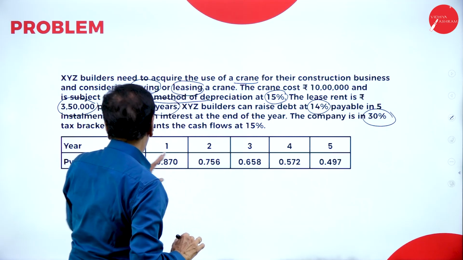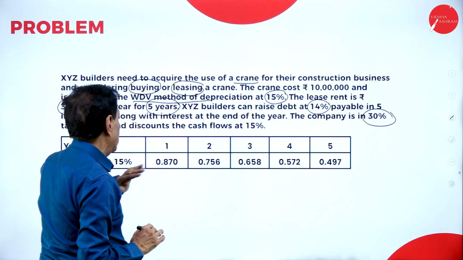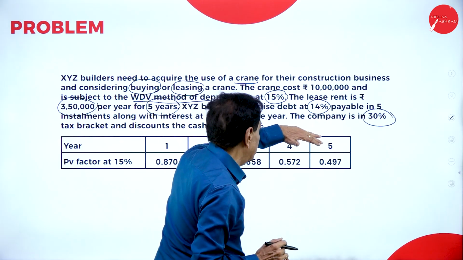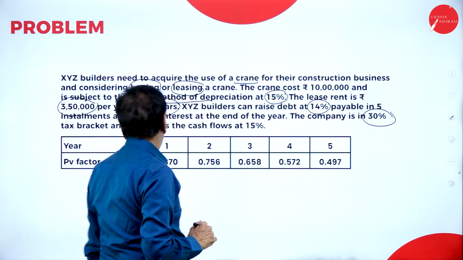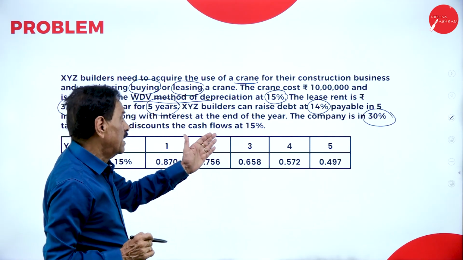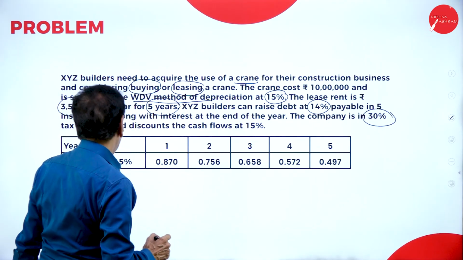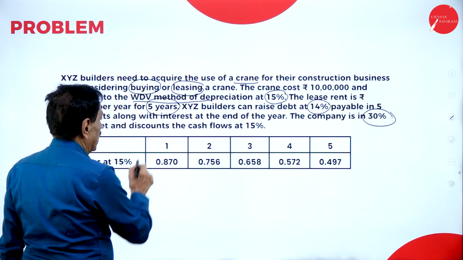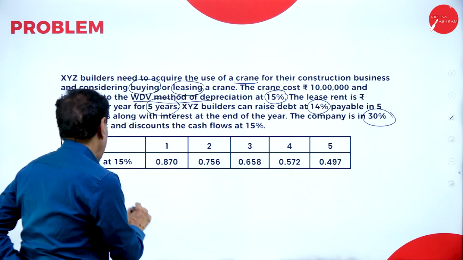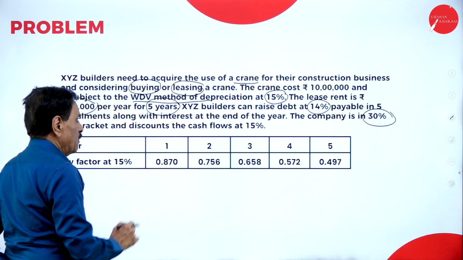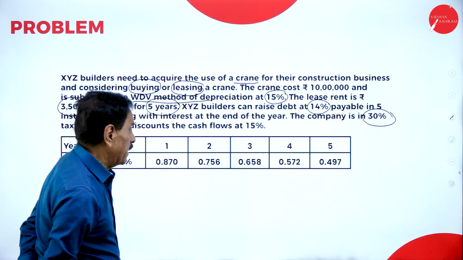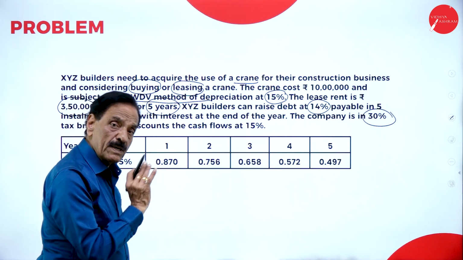The lease rental is 3,50,000 per year for 5 years. XYZ builders can raise a debt at 14% payable in 5 installments along with interest at the end of the year. The company is in the 30% tax bracket and discounts the cash flows at 15%. The discount factors are: first year 0.870, 0.756, 0.658, 0.572, 0.497.